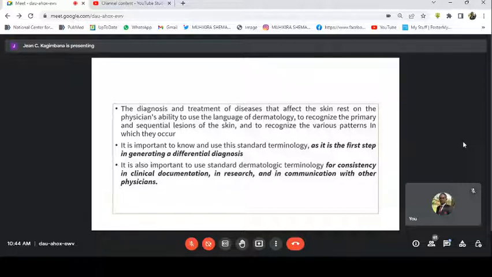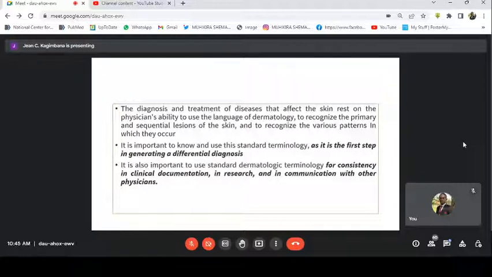It's also important to use standard dermatology terminology for consistency in clinical documentation, in research, and in communication with other physicians. For example, if I transfer a patient, it's me who has seen the patient first. Ten days after, I may refer the patient for further treatment because the skin condition has changed because of the treatment I have given or a superinfection.